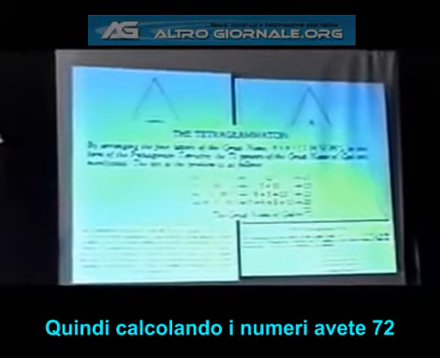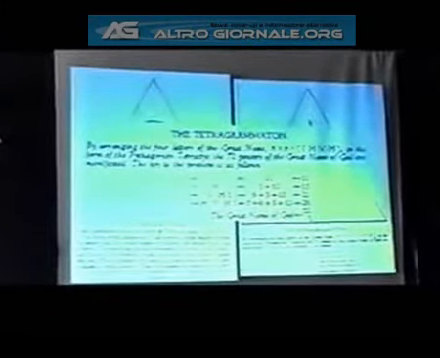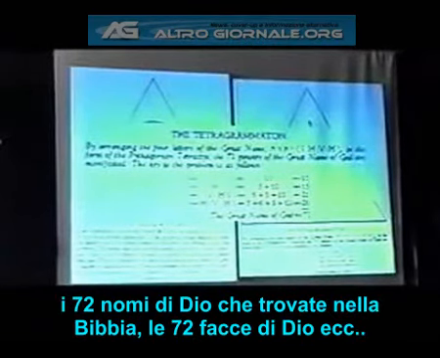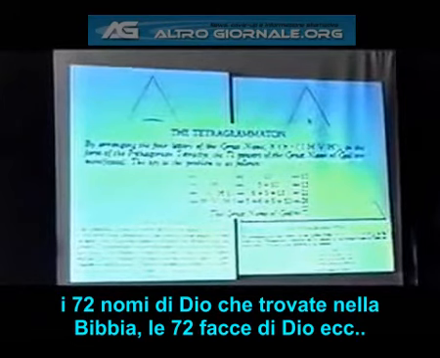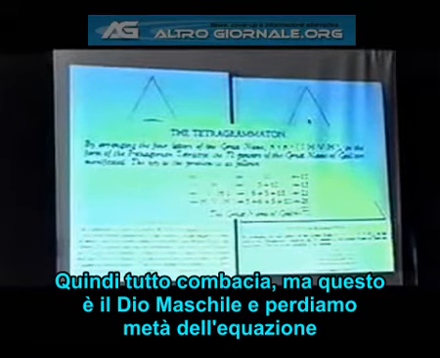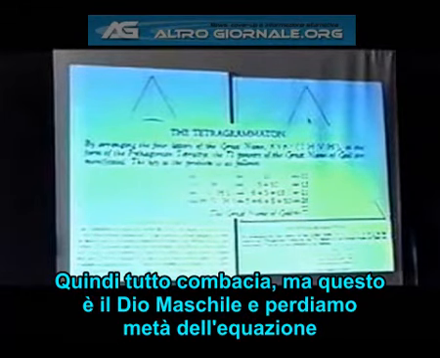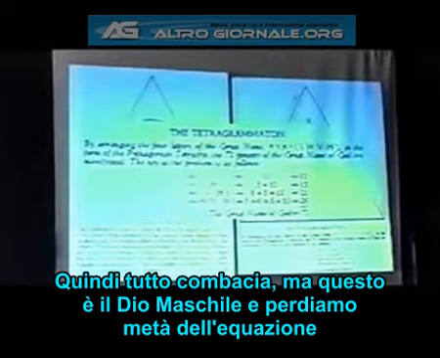And when you calculate the numbers, you get 72, which is the 72 names of God found in the Bible, and the 72 faces of God. So that all matches. But this is a male God. We're missing half the equation again.